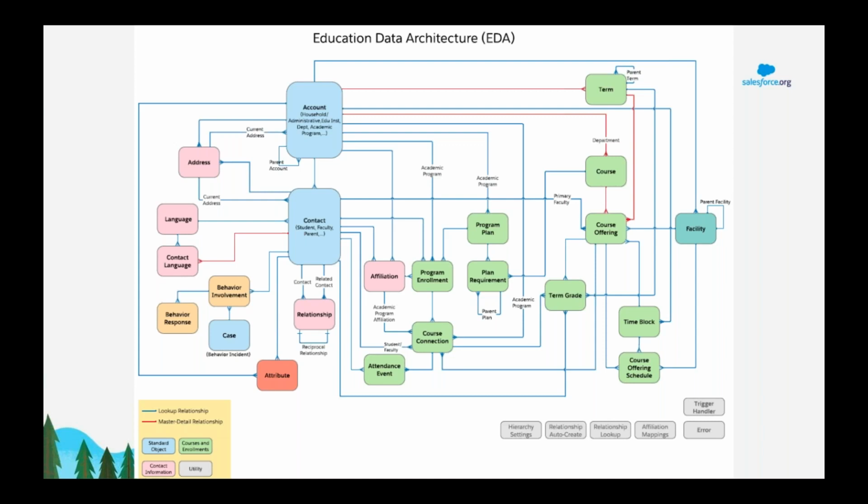But for now, let's take a closer look at some of the most commonly used of these objects. We'll start with the account object. For the sake of this example, we will be following the administrative account model, which means that each account is representative of a single contact. In this case, let's say the contact is a student.